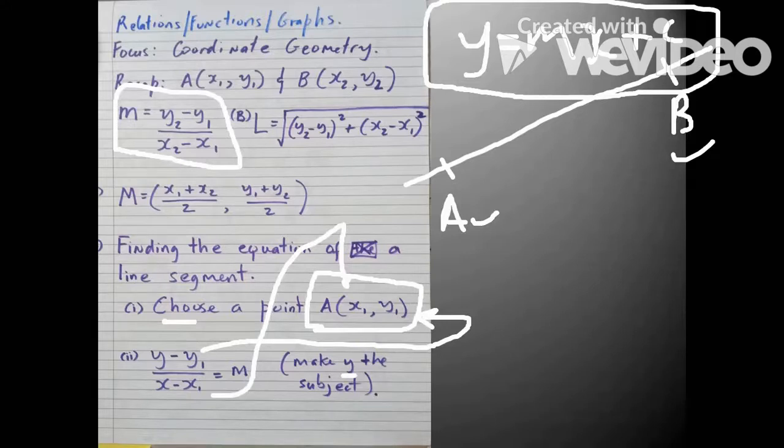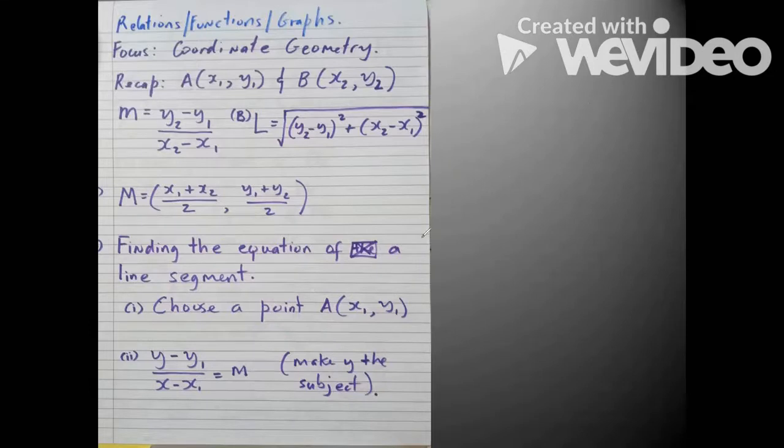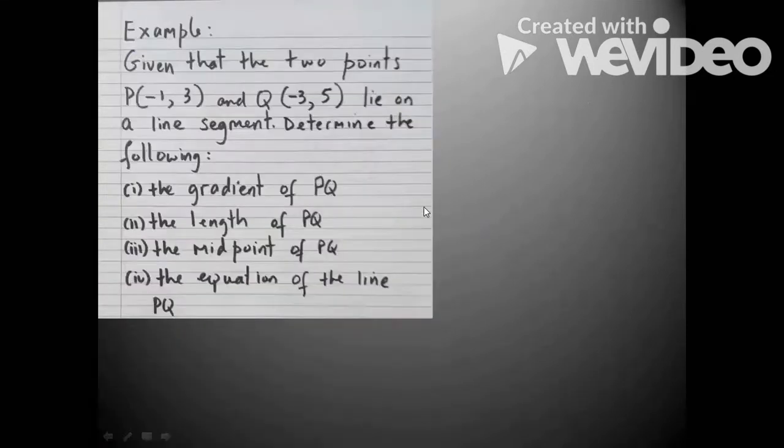Okay, let's look at an example. All right, so we're given these 2 points here. So just imagine we have a line segment and we have P and we have Q on that line segment.